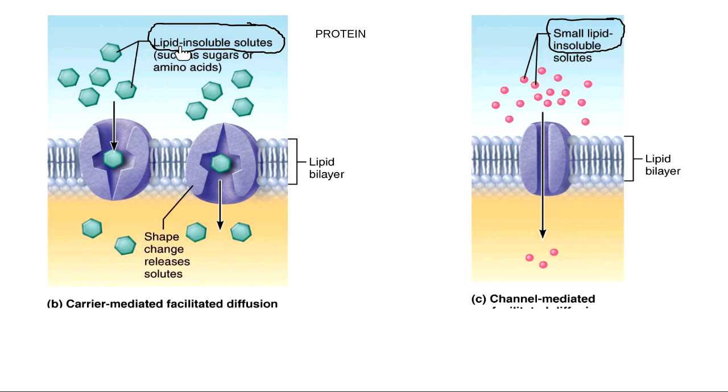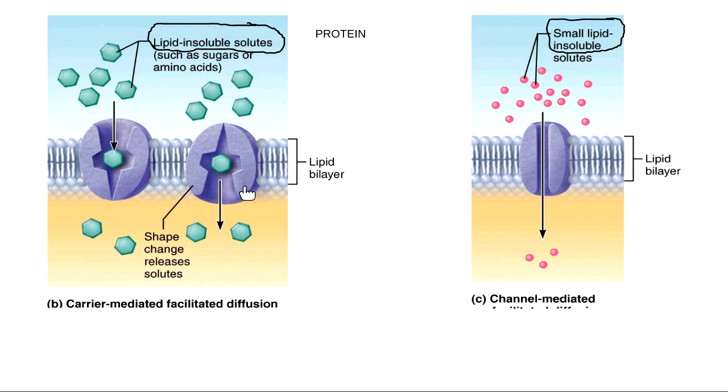Important idea. If you match lipids, you don't need a protein to get inside the cell because you can sneak straight across the membrane. The only kind of things that need proteins to move into the cell are things that are lipid insoluble, or things that are hydrophilic, or things that are polar. They can't pass through, so I'm making them a special protein to allow them to do that.